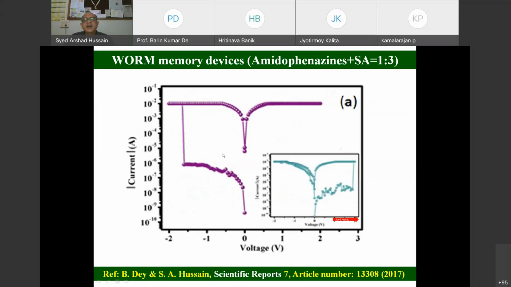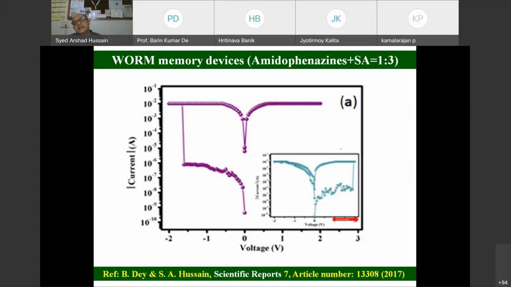And here in our system, mainly some conformational change of the material occurred, and in the 1:3 composition, in AFM we have seen that some porous kind of structure is created, and that means some kind of traps is there.